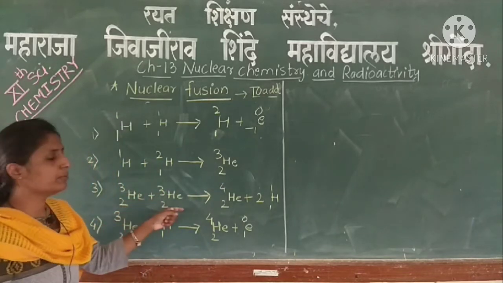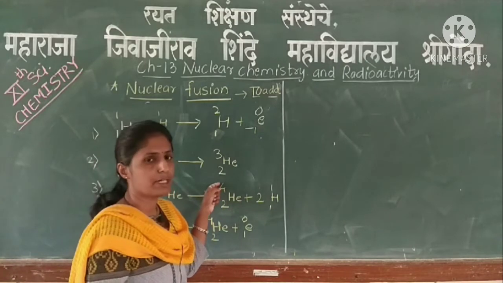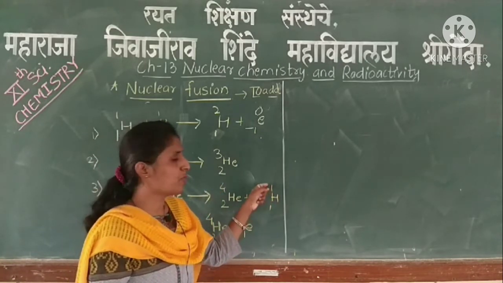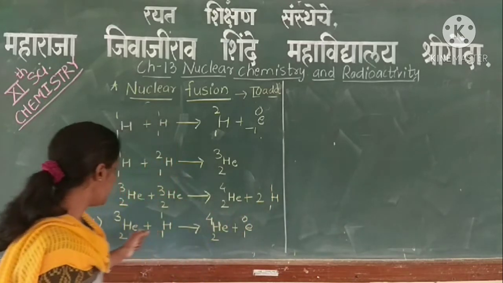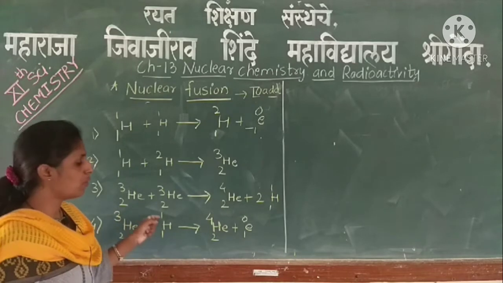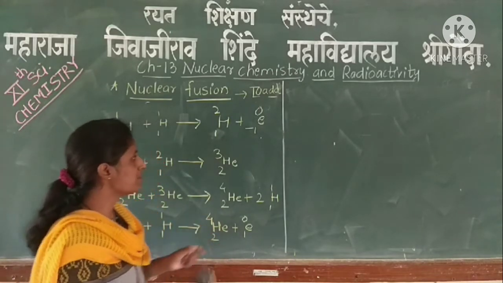Then two helium nuclei again combine to give you a helium nucleus of mass number 4 along with two hydrogen nuclei of mass number 1. And last, a helium nucleus of mass number 3 and hydrogen of mass number 1 further combine to give you helium of mass number 4.